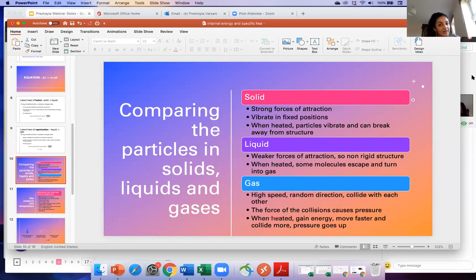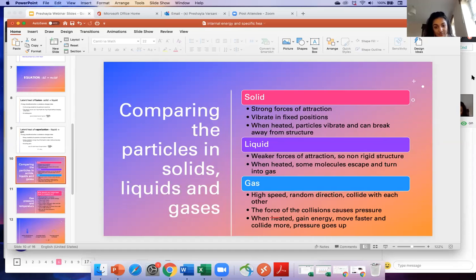In a solid, we have very strong forces of attraction, which is why the particles stay in the state that they do. In a solid, they also vibrate in fixed positions. When heated, the particles vibrate and can start to break away from their structure. When this happens, it's known as melting, and it can change state.